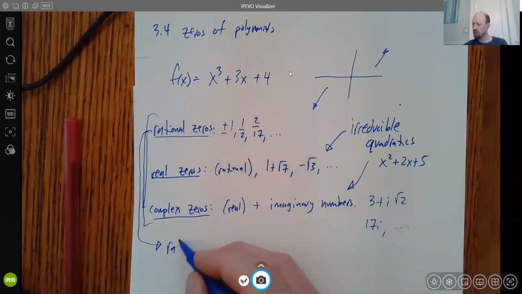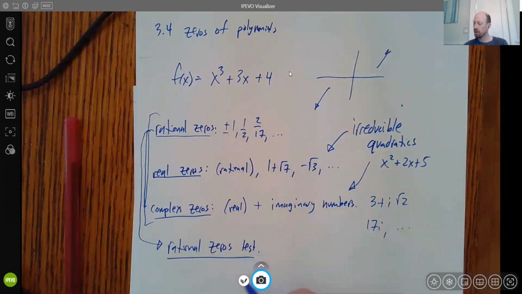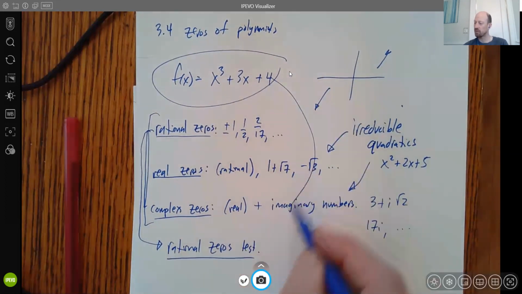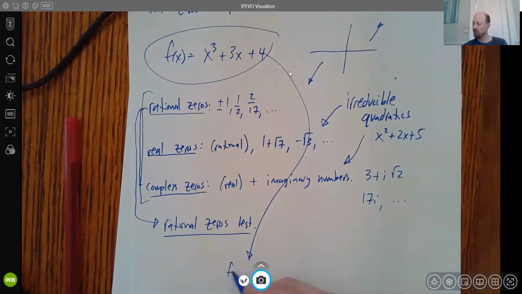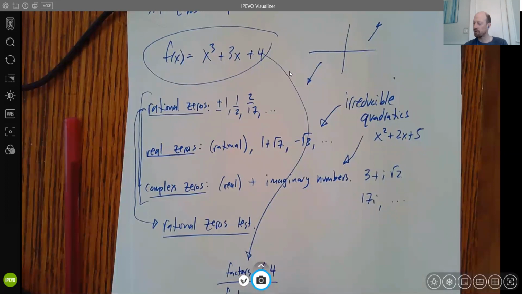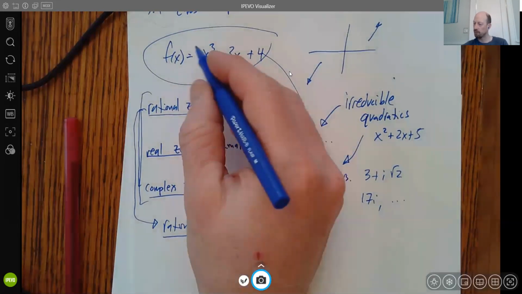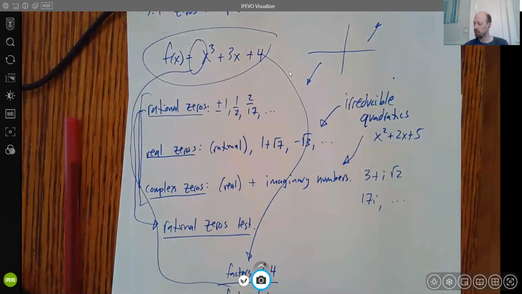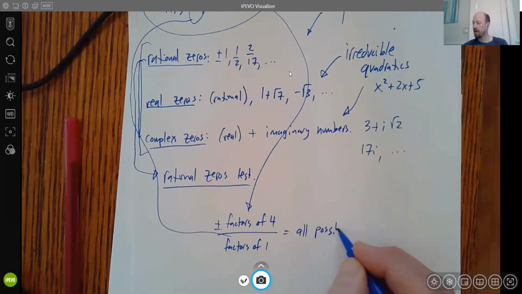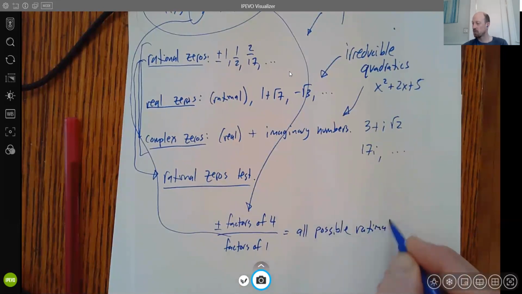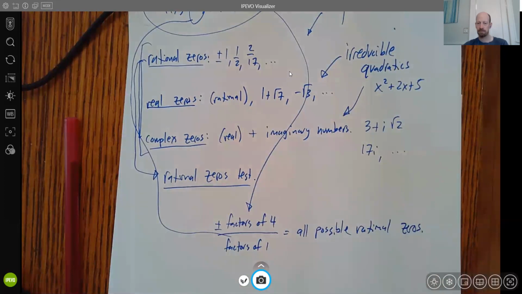Well, it turns out there's something called the rational zeros test. And what that says is that if I have a polynomial like this, and I take the factors of 4 divided by the factors of whatever coefficient is there, which is 1, and I allow those to be plus or minus, these are all possible rational zeros.